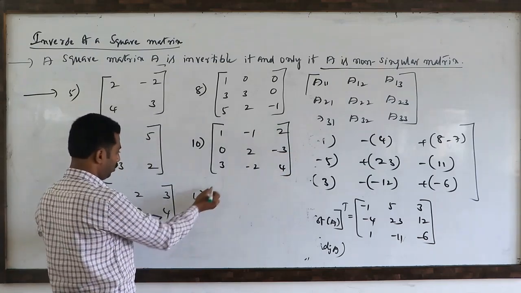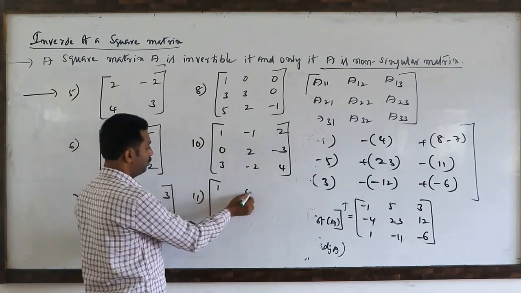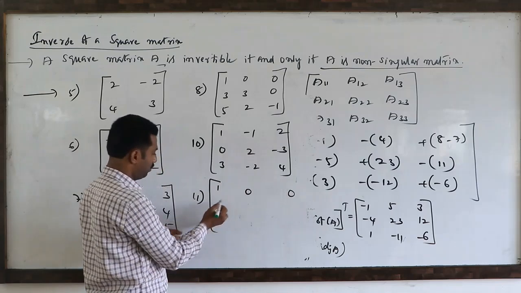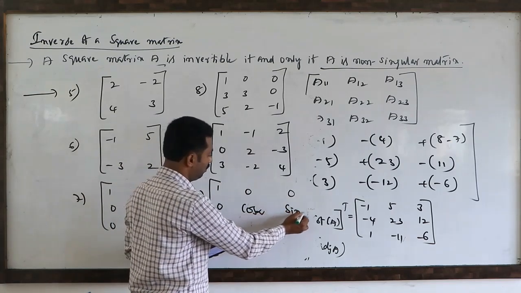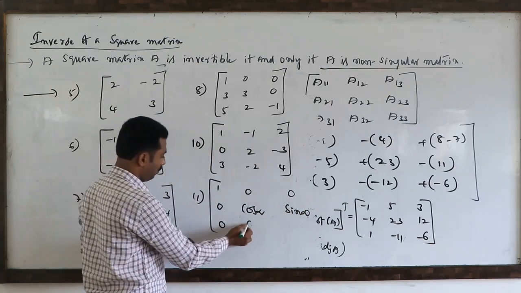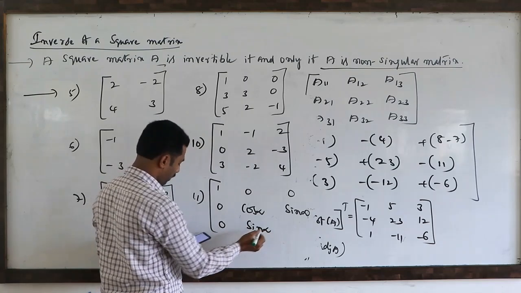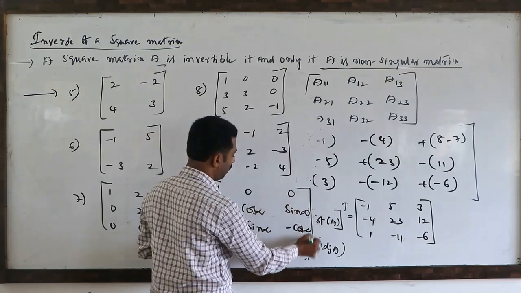Next question number 11: 1 0 0, 0 cos alpha, sin alpha, 0, sin alpha, minus cos alpha.